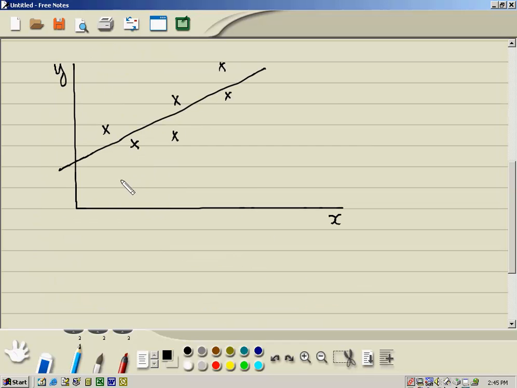In the population, we have a set of points, and let's just have this as a small sample of those points, and a true equation to describe those points. Now, notice that when we draw this, not all the points are on the line. So the distance between an observed point and the true line is called an error.